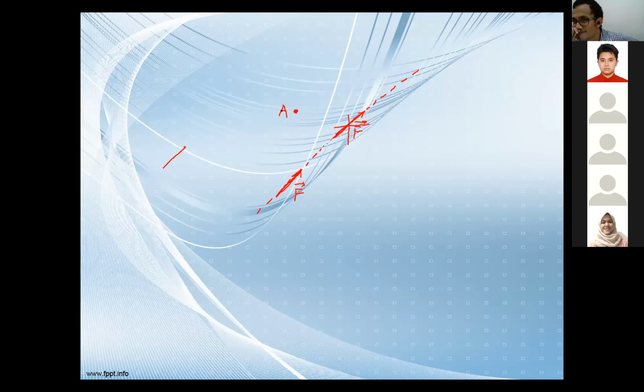Vector form. R cross F. The F is the same.